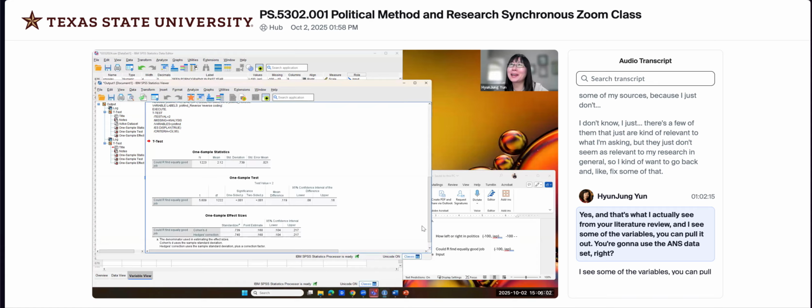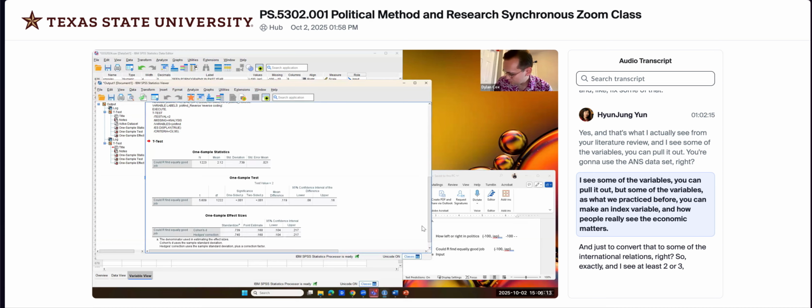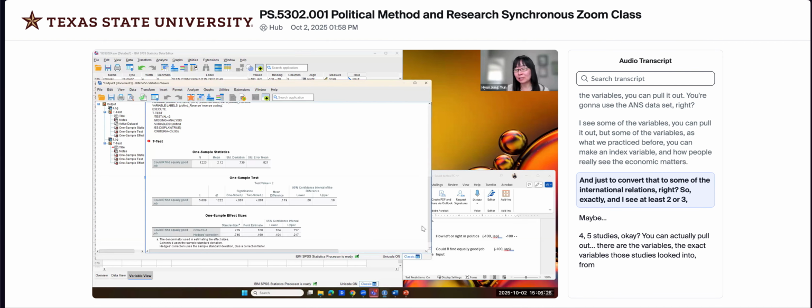Yes, and that's what I see from your literature review. You're going to use the ANES data set, right? I see some of the variables you can pull out, and as we practiced before, you can make an index variable of how people see economic matters and convert that to international relations.